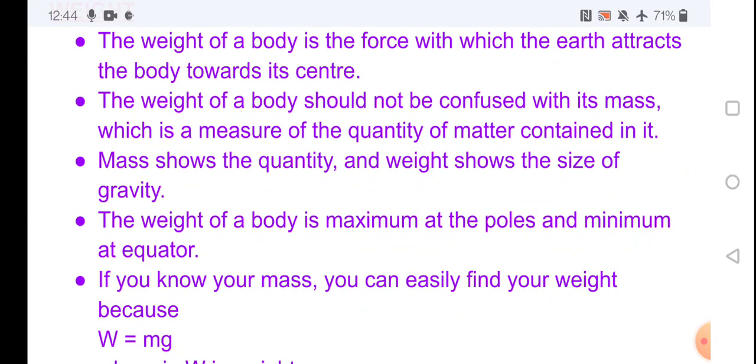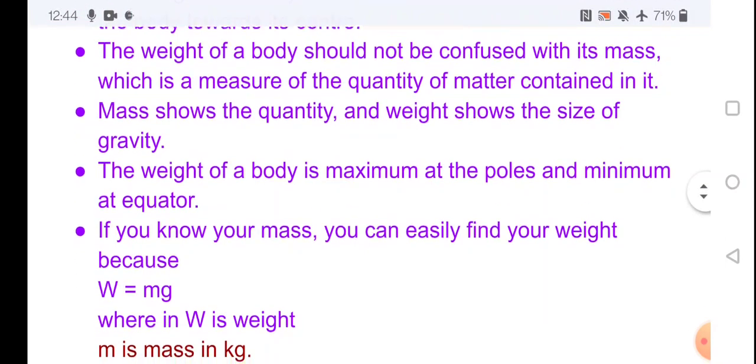Mass is the measure of the quantity of matter contained in it. Mass shows the quantity, whereas weight shows the size of the gravity. This is the major difference.